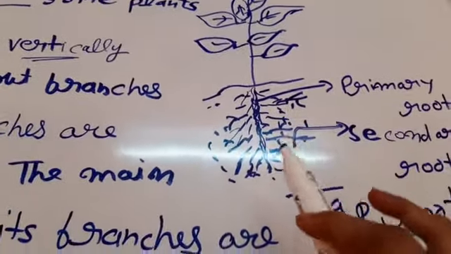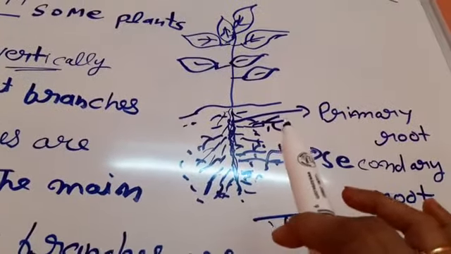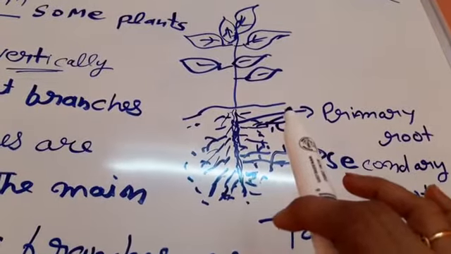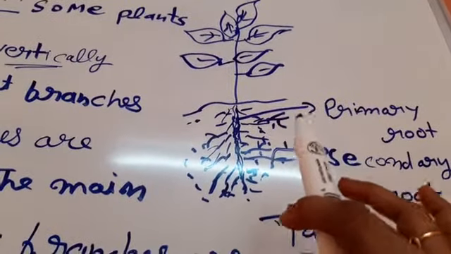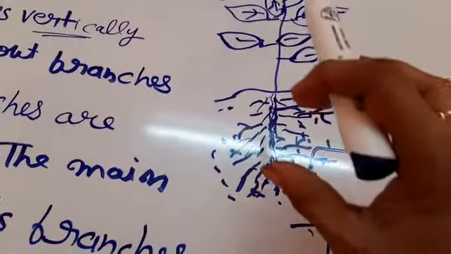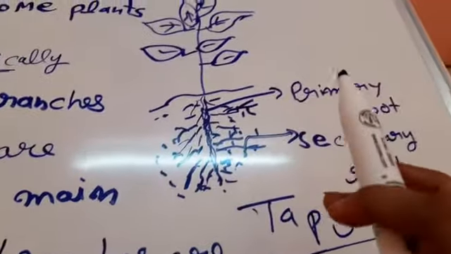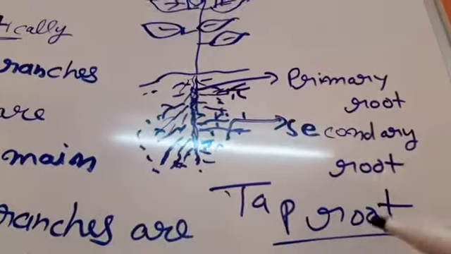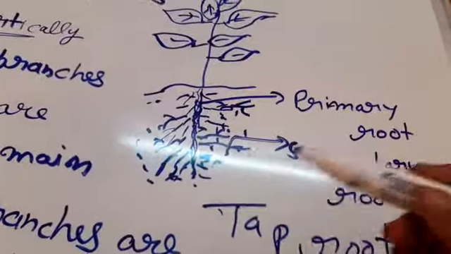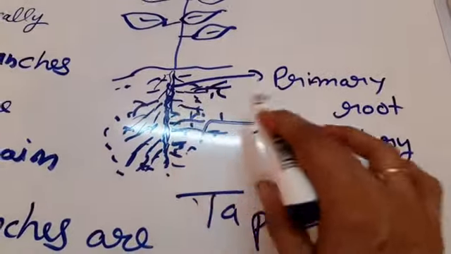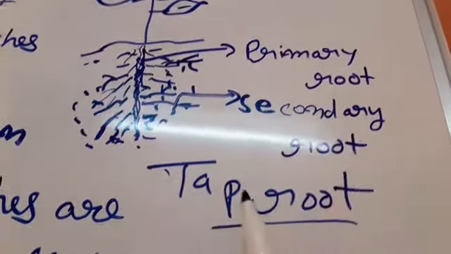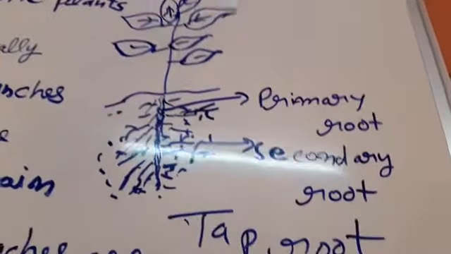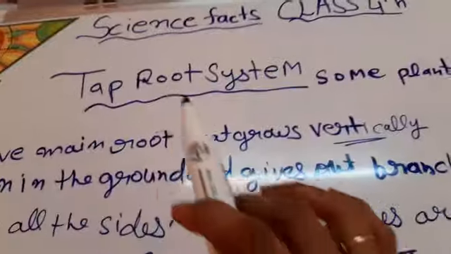The main root is quite thick, and the branches that come out of it are thinner compared to the main root. So this is the primary root and this is a secondary root. This is the diagram of taproot. You can easily draw it in your notebook, and this is the content of taproot.